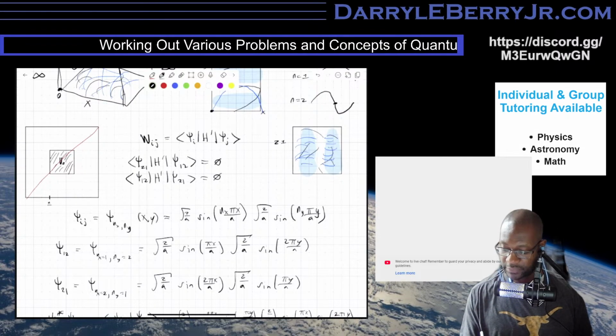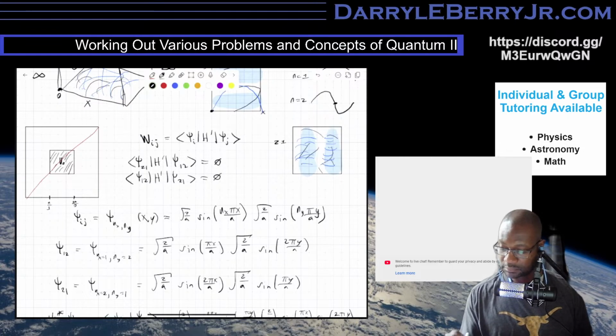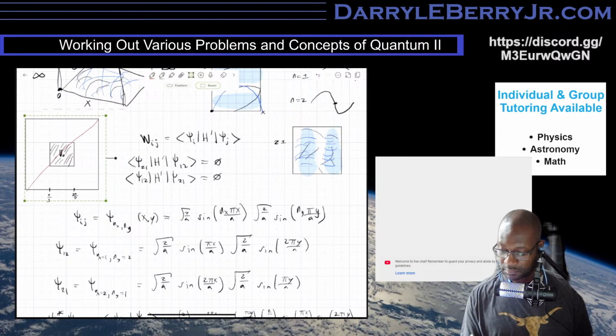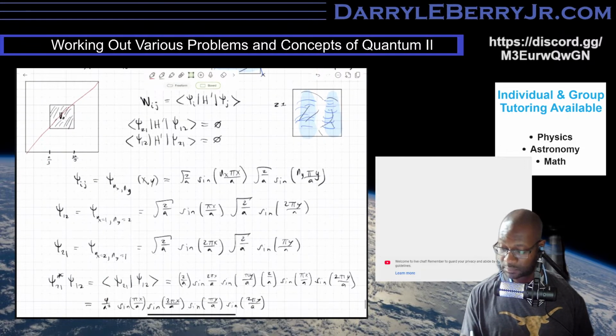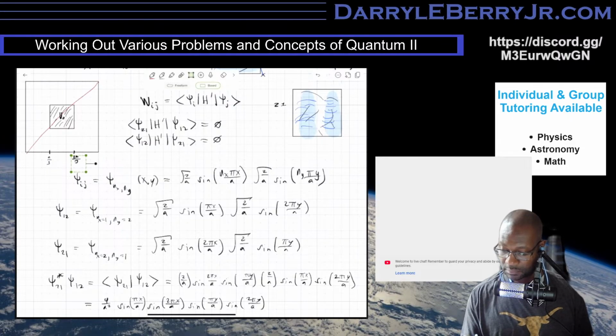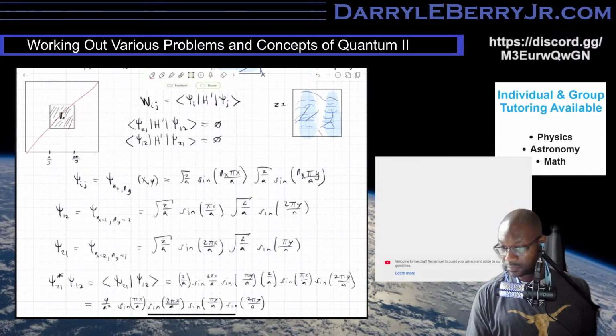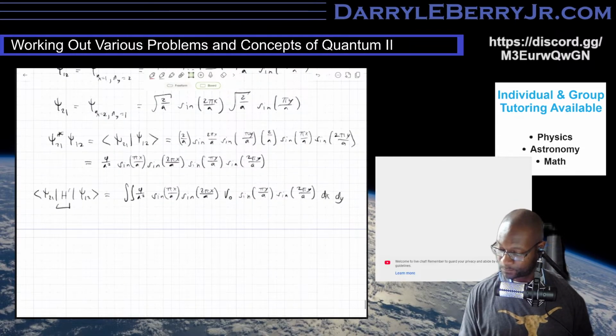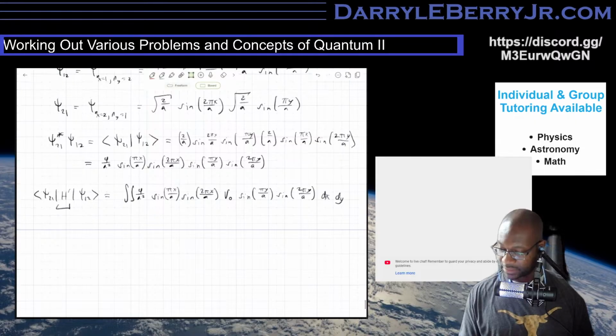So this is a over 3 to 2a over 3. I think we have to do the identity thing.